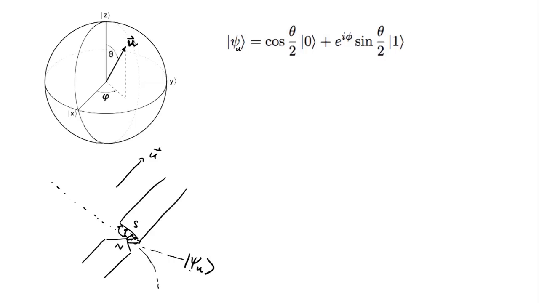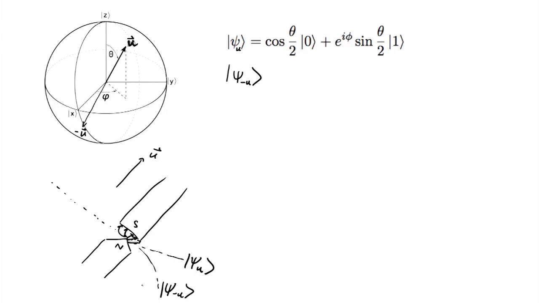And what about the lower path? Well, if you take the opposite vector minus u, and look at the antipodal point, the state psi sub minus u, that's what comes out this way.